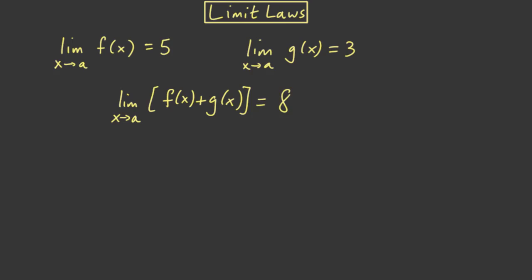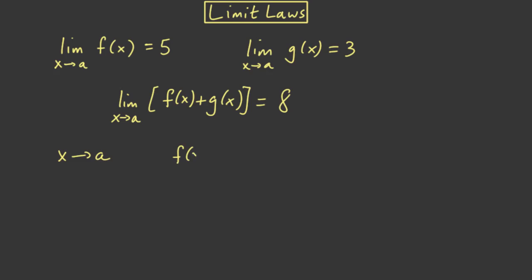Let's go ahead and justify this. We're looking at what happens as x approaches a, and we know that f of x is approaching 5. Now, that doesn't mean that f of x ever actually equals 5, but it'll be off by just some small error.